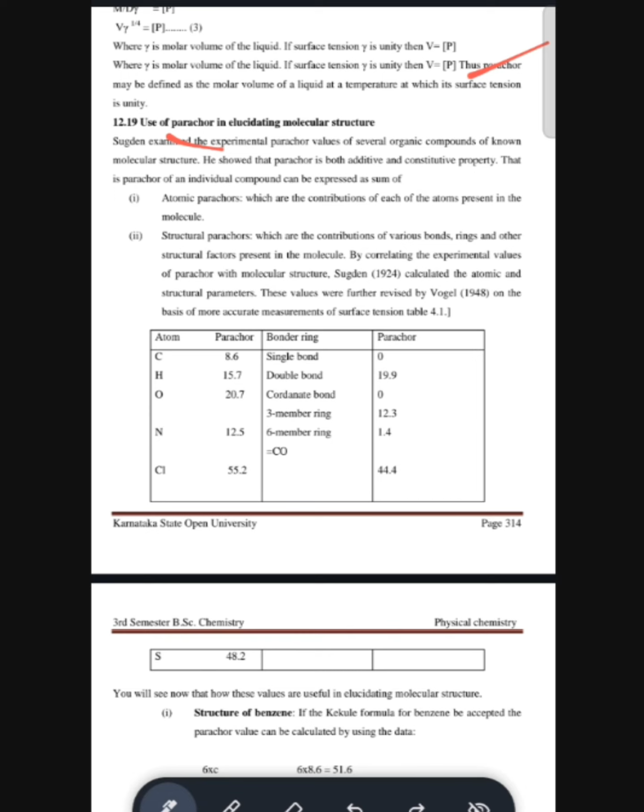Parachor is an empirical constant for a liquid that relates the surface tension to the molecular volume. So the parachor is used in molecular structure. The experimental parachor values of several organic compounds are known for molecular structure.